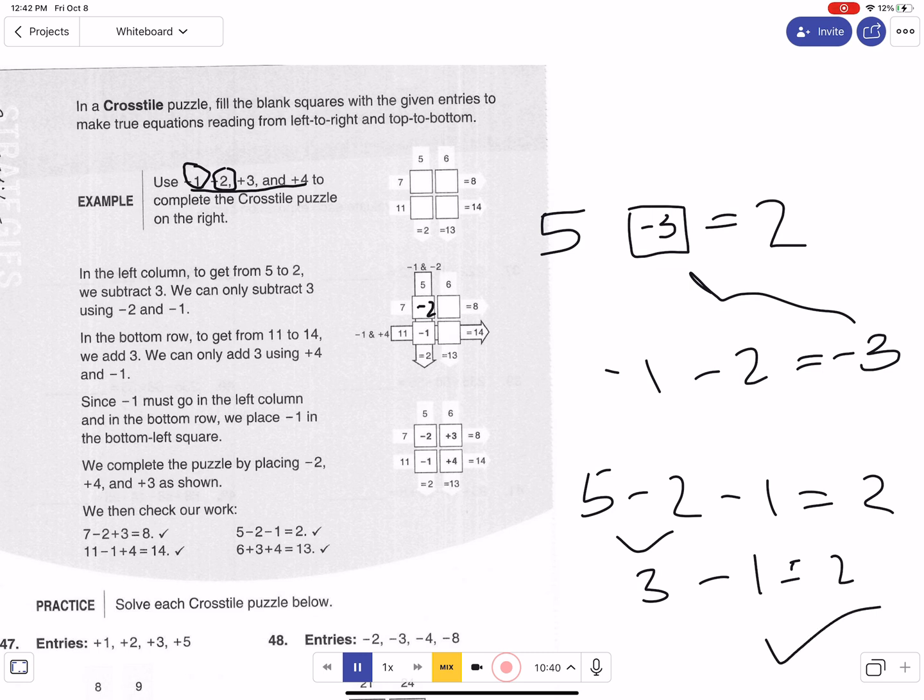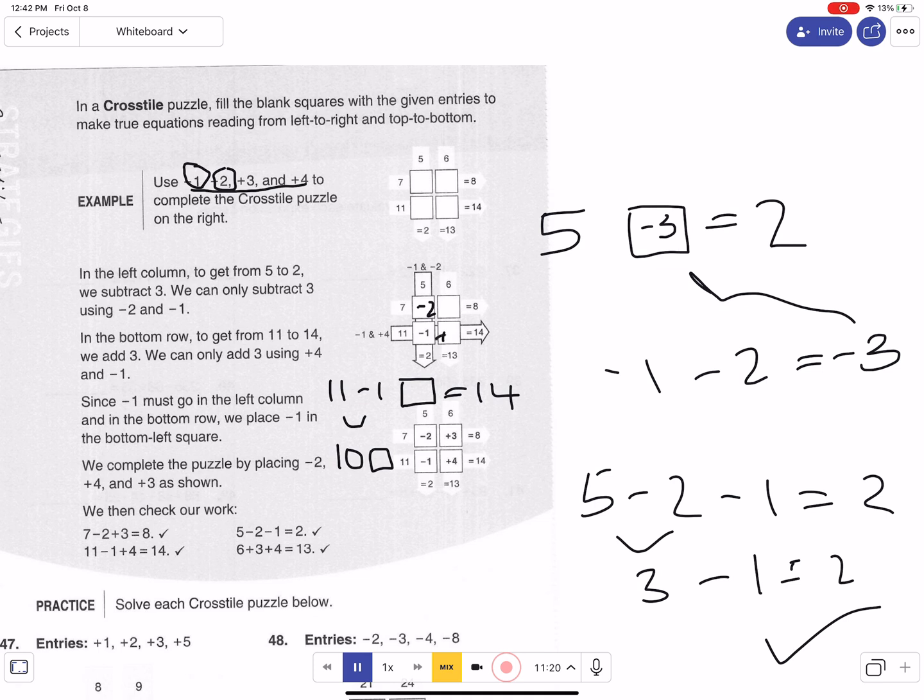That's good to go. So in the bottom row, now we have already 1 blank filled out, right? At the bottom row, we have a box equals 14. So now we need to figure out what this box is. 10 plus some number equals 14. 10 plus what equals 14? 10 plus 4 equals 14.